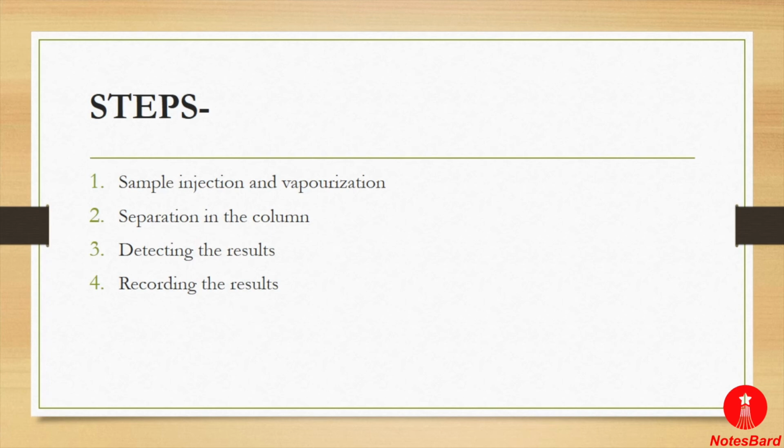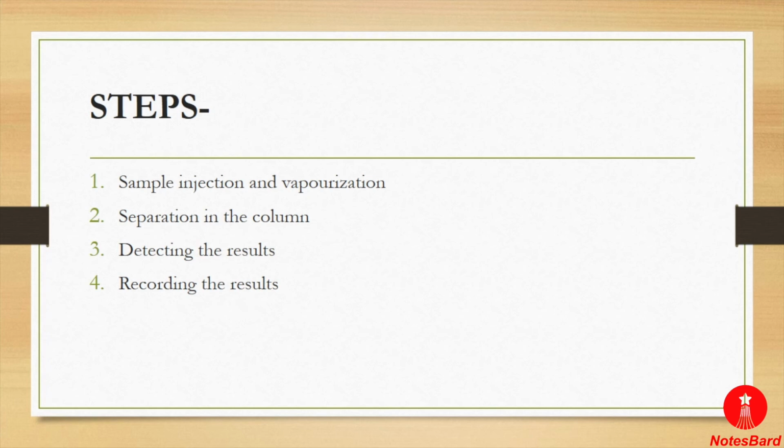The whole procedure completes in an automated machine where the sample is injected by a small syringe, through the injecting part into the column, and then it is vaporized, because, as we discussed in our earlier slides, in gas chromatography the mobile phase is gaseous, and it includes vaporization of the mixture.